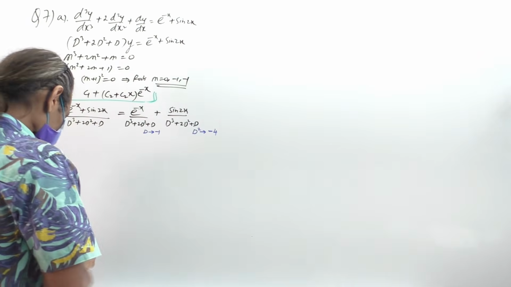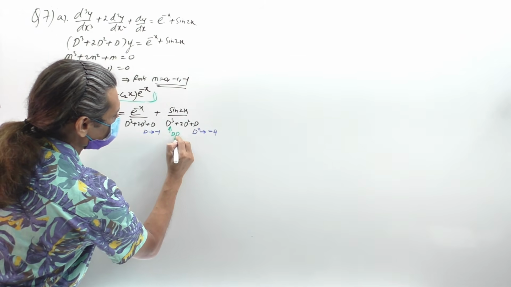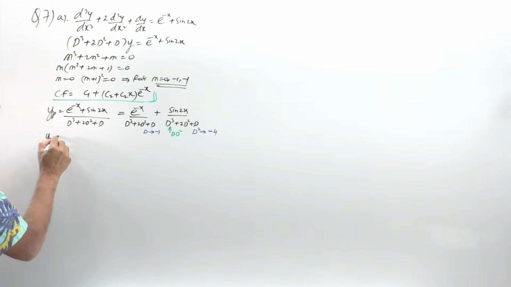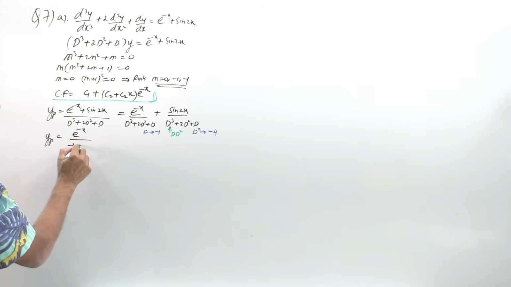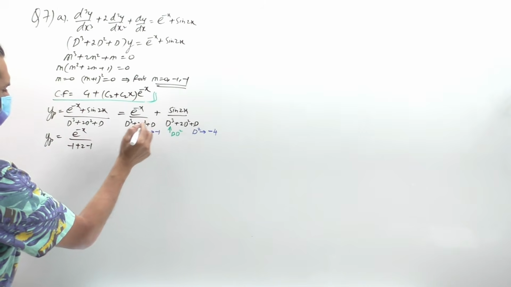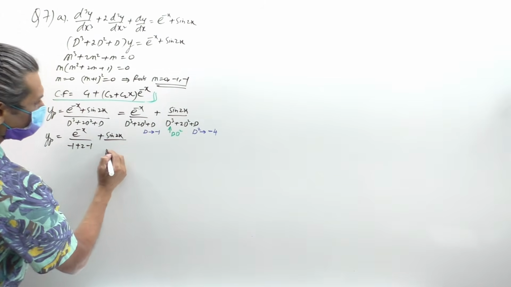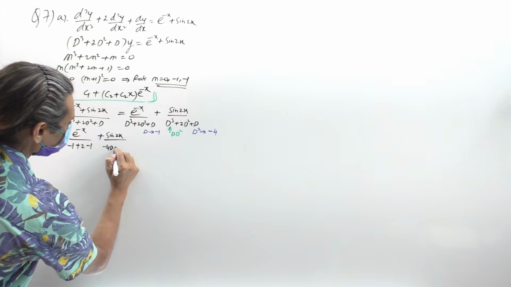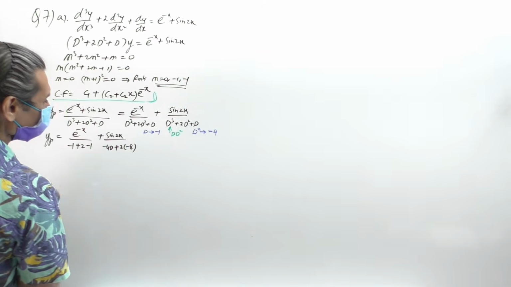So don't get confused, there is D cube given here, so you can write D cube as D into D square, that's all. Therefore the solution is yp equal to e^(-x) by, replace D by -1, so (-1)³ + 2(-1)² + (-1), plus sin 2x by, D³ is D² times D, so D² is -4, giving (-4D) + 2 into D² plus D, which is 2 into -4, am I right?